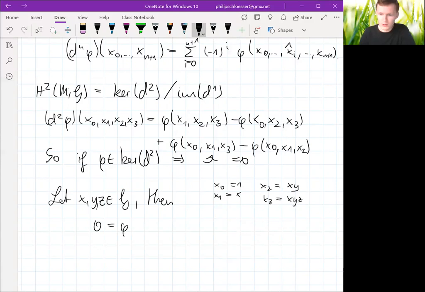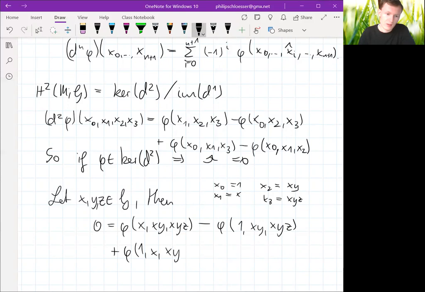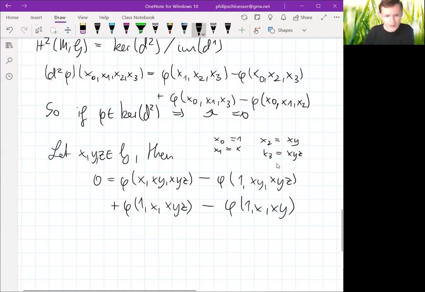So we get 0 is equal to phi of x, xy, xyz minus phi of 1, xy, xyz plus phi of 1, x, xyz minus phi of 1, x, xy. And now we see that these things here all have x in front. So since phi is a G morphism, this thing here is just equal to x times phi of 1, y, yz.